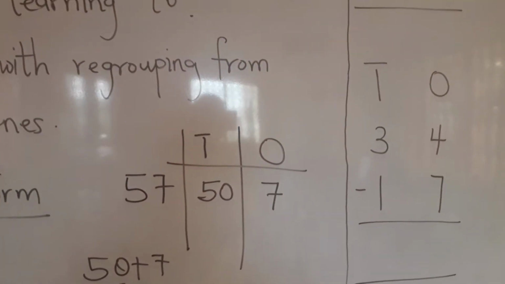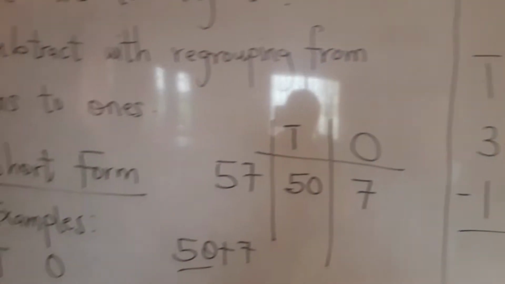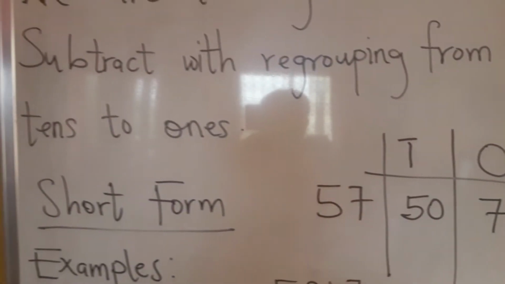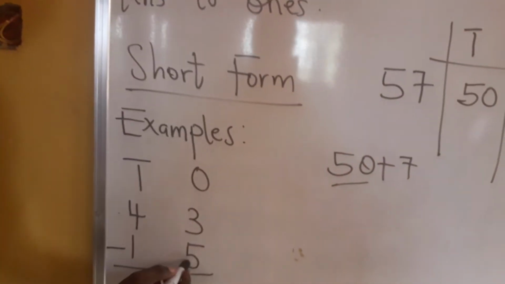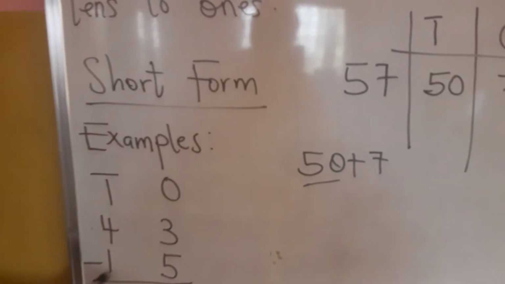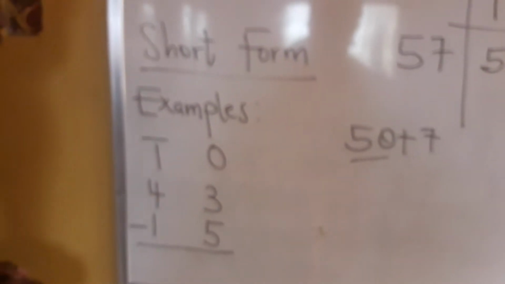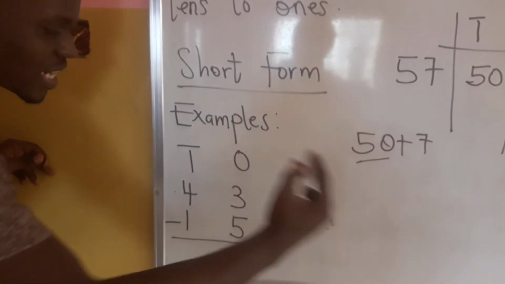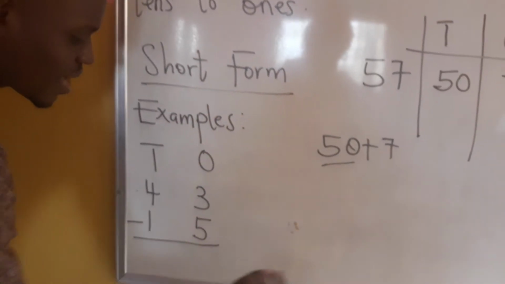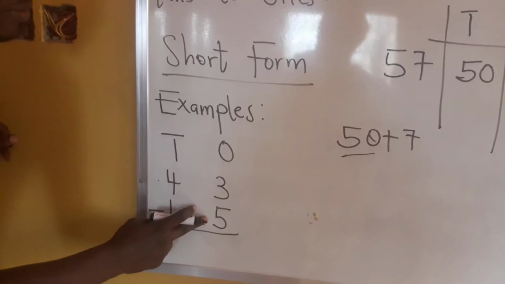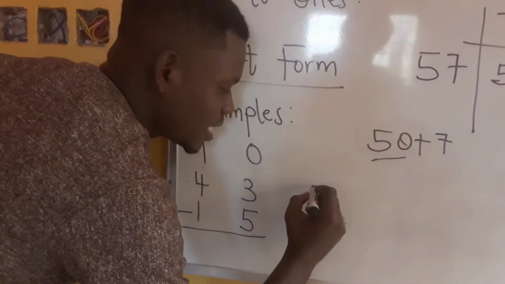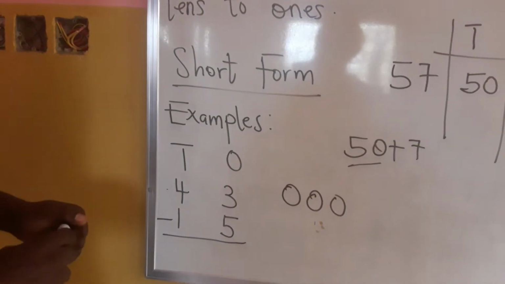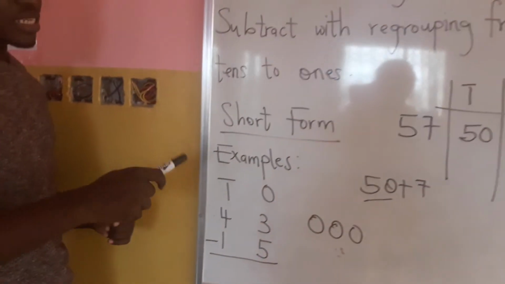Quickly, let's start with some examples. Example 1 says 43 minus 15. I told you that in subtraction you should always subtract from the right. Now we have 3 minus 5. Say you have 3 apples, and mommy asked you to give 5 to your friend.